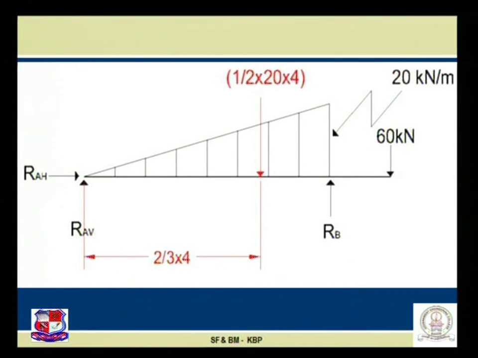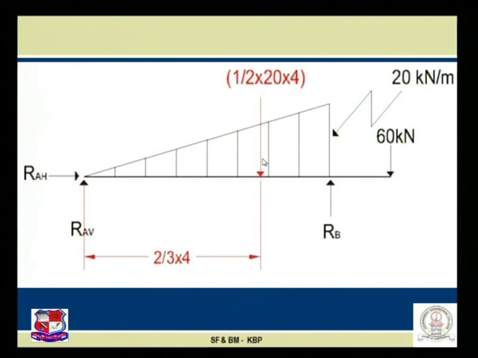Before we find the support reactions, let us make a revised figure with the equivalent point load. What we did right now is convert this uniformly varying load into an equivalent point load, because the load which is of triangular nature is converted into an equivalent point load equal to the area of the triangle, half into 20 into 4, acting at the CG of the triangle.